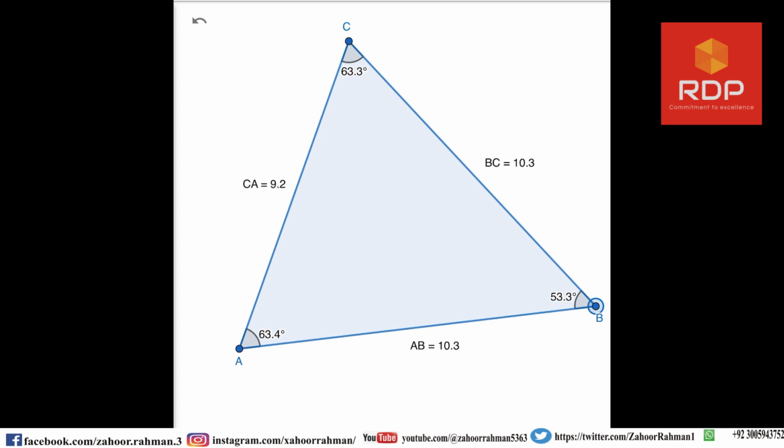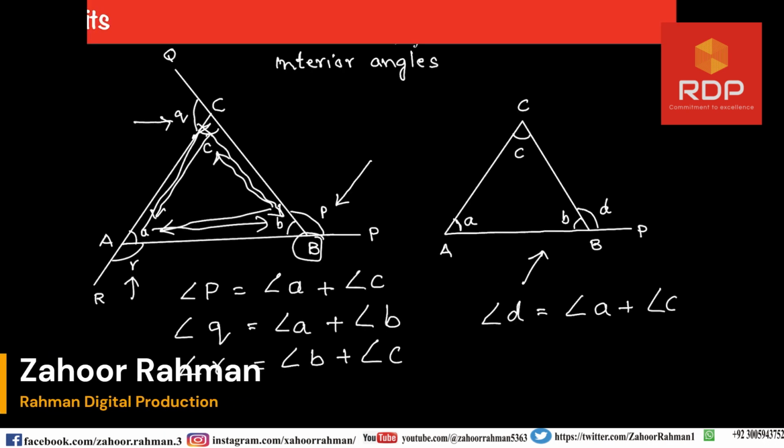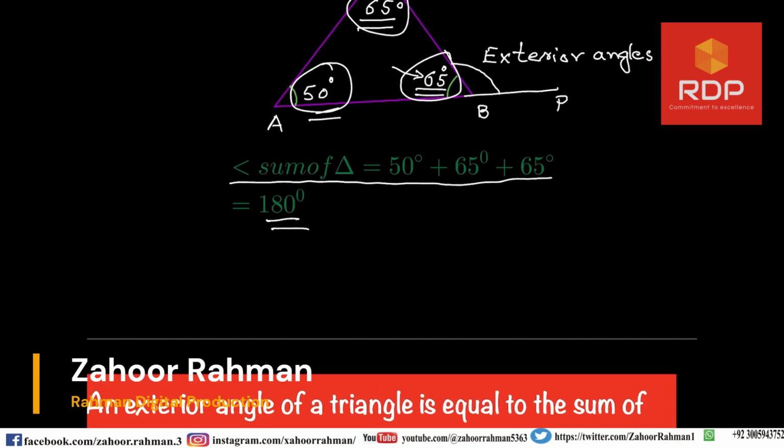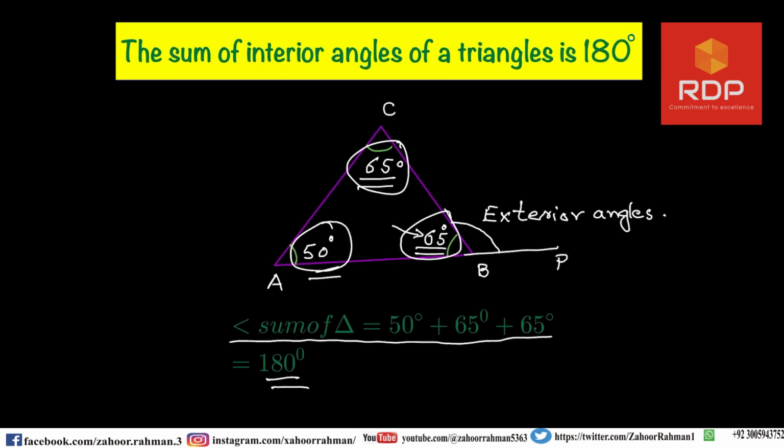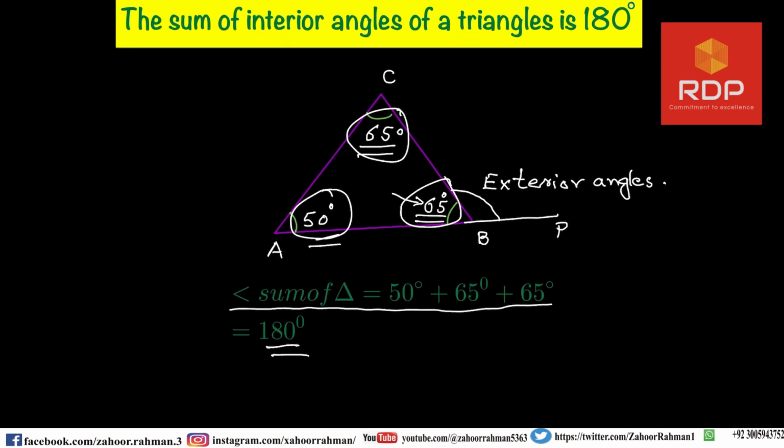So the first theorem which we observed in the lecture, that the sum of interior angles of a triangle is always equal to 180 degrees, we did here in this particular case, which is written in yellow.